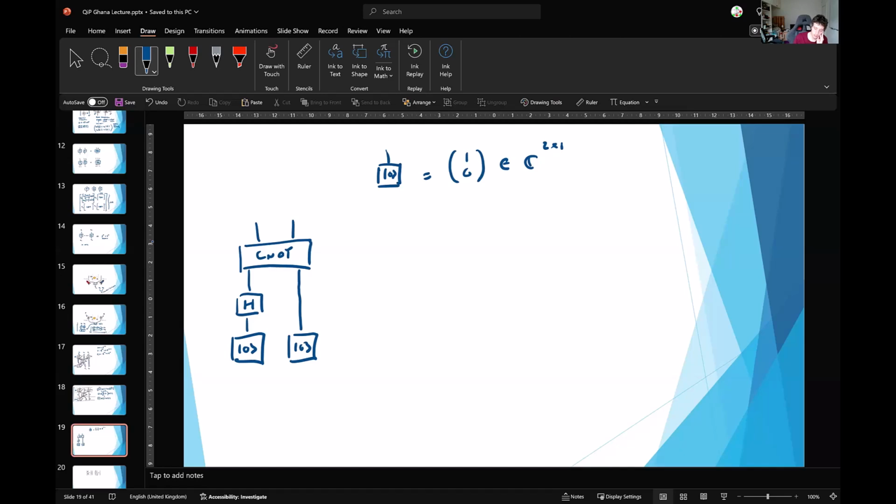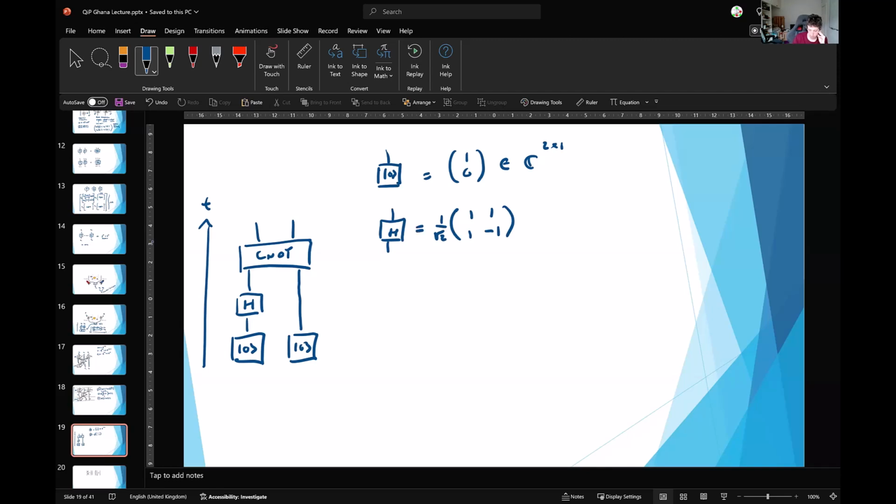I wrote it correctly. The Hadamard is a gate. And again, remember that we are drawing time going upwards. The Hadamard has 1 qubit in, 1 qubit out, so it has to be a 2 by 2 matrix. It happens to be a matrix that can be written as 1, 1, 1, minus 1, with a factor of 1/√2 in front to normalize it. So this is a unitary.